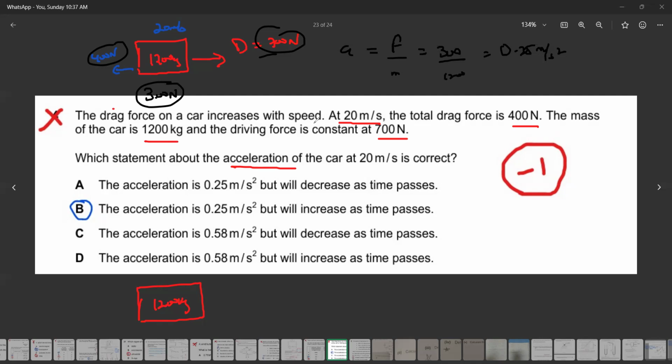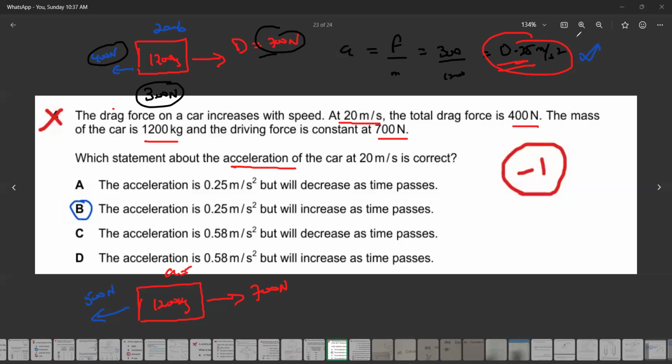So what happens to the acceleration? We got an acceleration of 0.25, so the car is accelerating, and the driving force remains 700. If this car accelerates, what happens to the drag force, the force which is opposing the motion? It will increase. Why will it increase? Because the car is having an acceleration of 0.25.